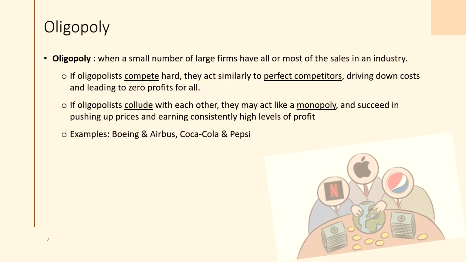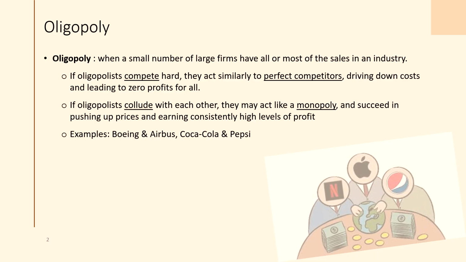Examples include Boeing and Airbus in large commercial aircraft, and Coca-Cola and Pepsi in soft drinks. What makes oligopoly unique is that firms are large enough to affect the market, and each firm must consider how rivals may respond to its decisions.